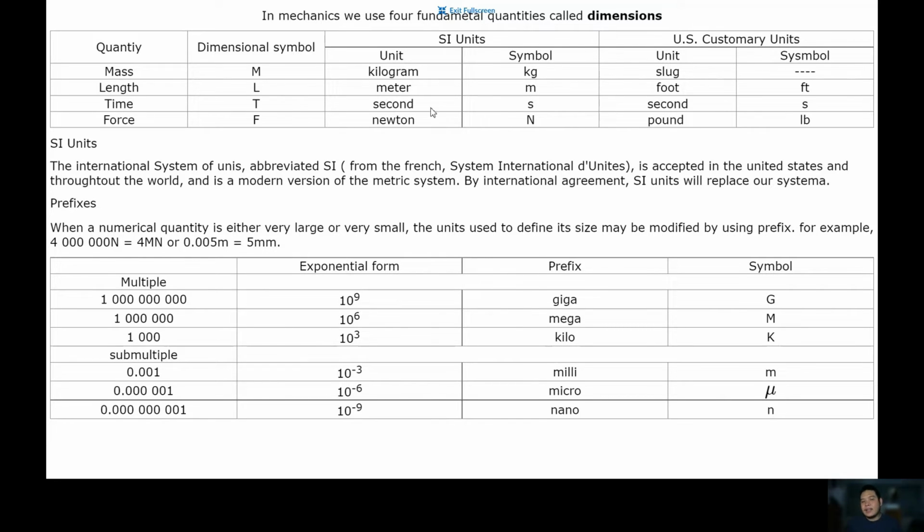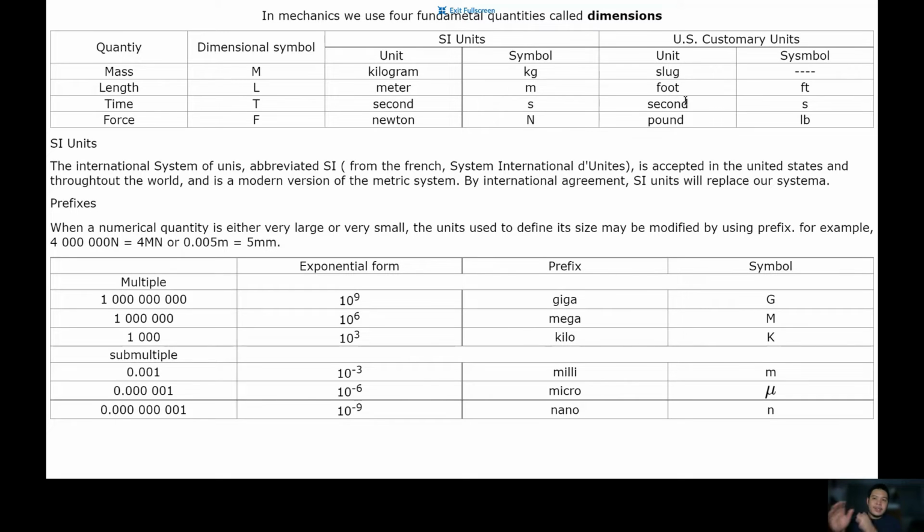Time is measured in seconds, with the symbol small s. We have the Newton for force, symbolized as capital N.